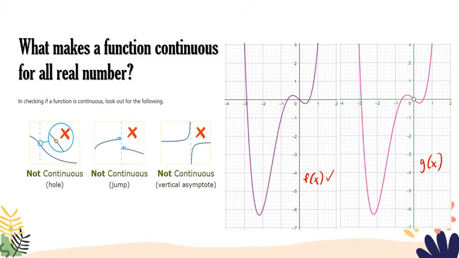Because inspecting f of x, tracing it from left to right, we did not encounter a hole, a jump, or a vertical asymptote. So f of x is continuous for all real numbers. But for g of x, tracing g of x, we have encountered a hole at x equals 0. So this hole makes g of x not continuous for all real numbers.